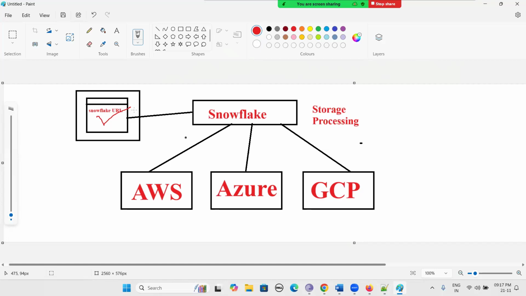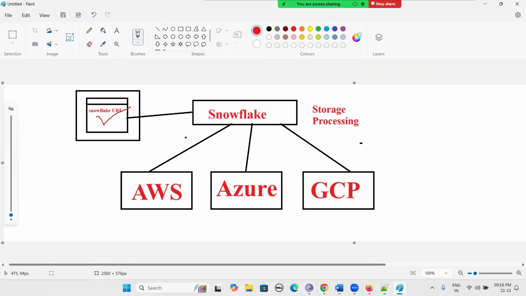So Snowflake uses different cloud environments: one is AWS, another is Azure, and the other is GCP. If you use AWS for Snowflake, for storage it uses the S3 concept, and for processing it uses the EC2 concept.